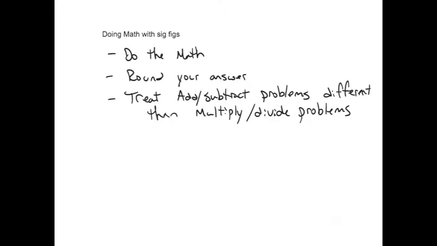For example, if you have 30.0 and add 27.1. Now the answer is going to be 57.1. Now, this number actually doesn't need to be rounded because in adding and subtracting, you round your answer based on the least precise place value of the numbers you added together.